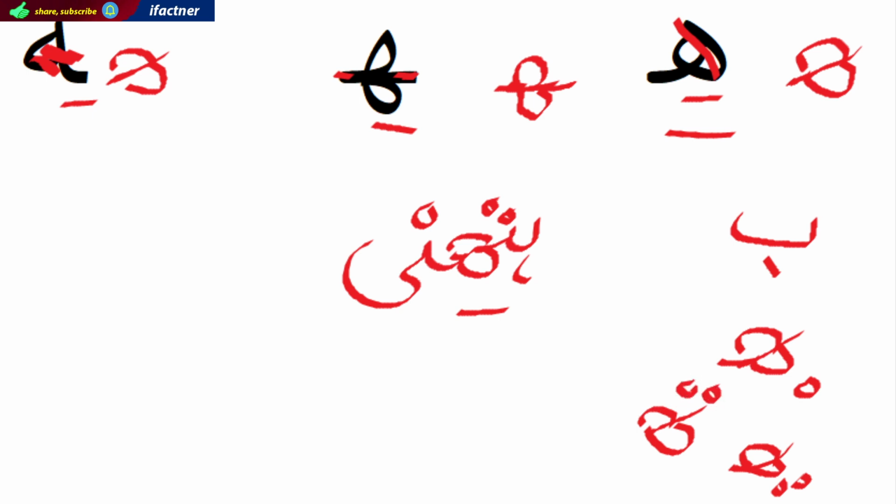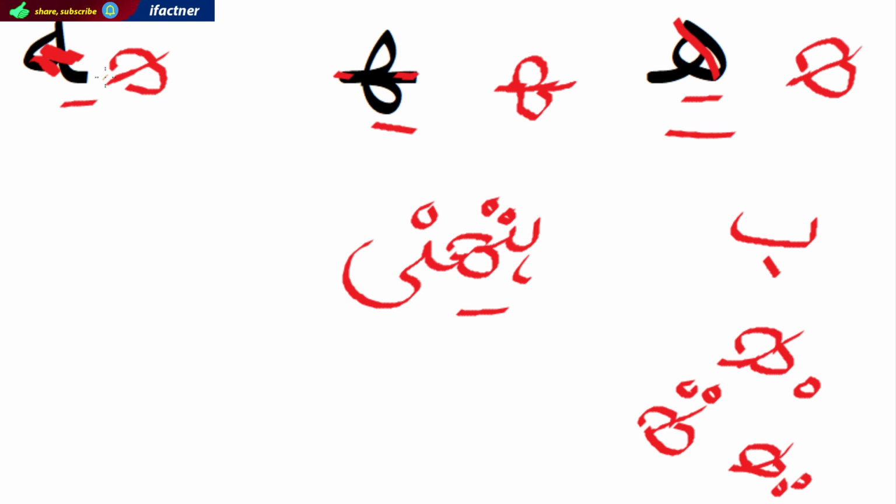So it makes a different sound than the normal sound of the character. So when we add this Hey with different characters, then we get the aspirated sounds Th, Bh, Ph, Jh.